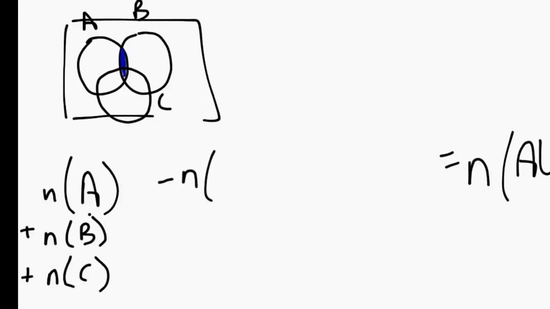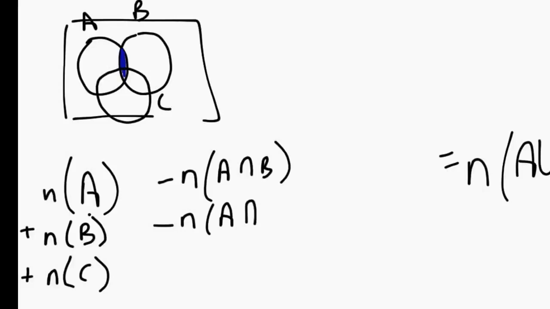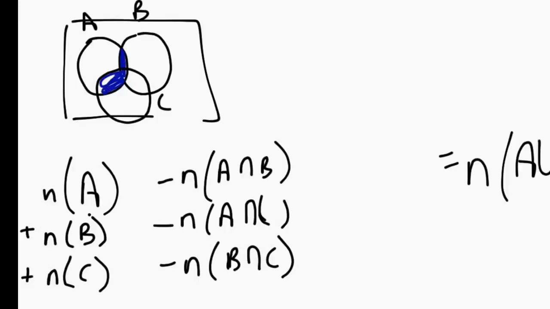We have to subtract where A and B overlap. Also, we have to subtract where A and C overlap. And then we also have to subtract where B and C overlap. Because we have all these overlap points, we have to subtract those each time, otherwise we're going to be counting them twice.